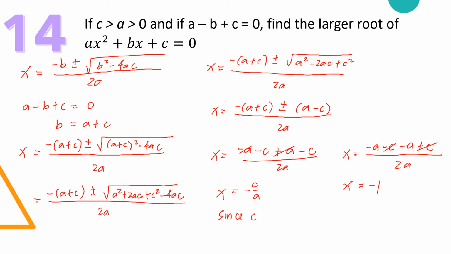Since c is greater than a, greater than 0, we have c over a as greater than 1. Hence, negative c over a is a value that is less than negative 1. Therefore, the larger root of the given quadratic equation is negative 1.